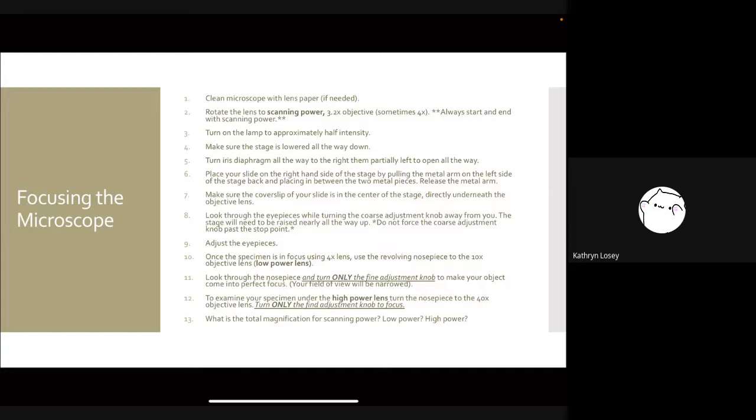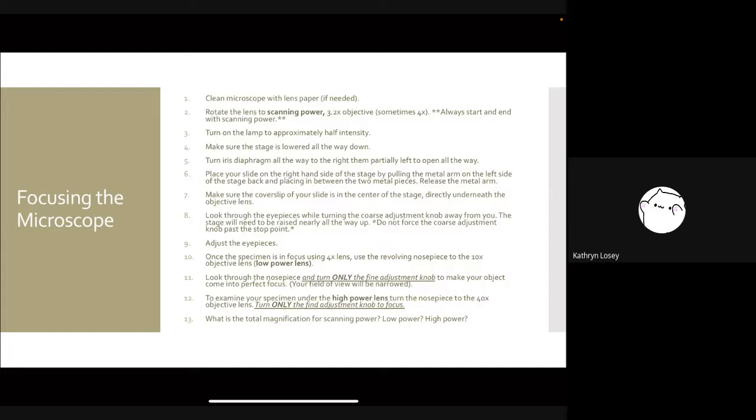Turn on the lamp to approximately half intensity. Make sure the stage is lowered all the way down. So that would be your coarse adjustment knob. Turn the iris diaphragm all the way to the right and then partially to the left to open it all the way. Place your slide inside your stage clip by pulling the metal arm back.